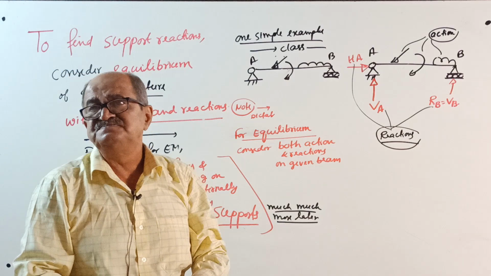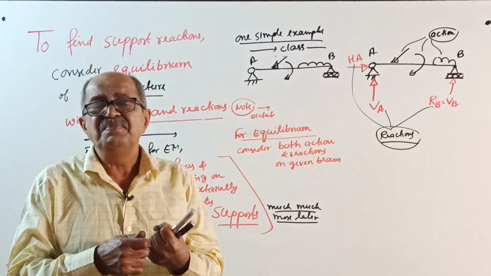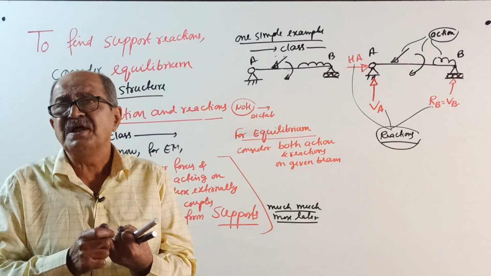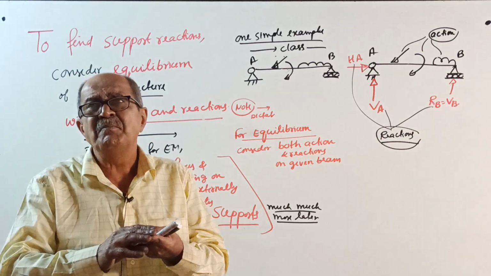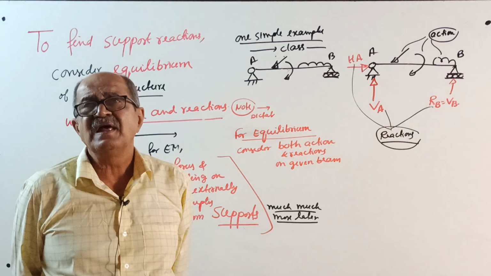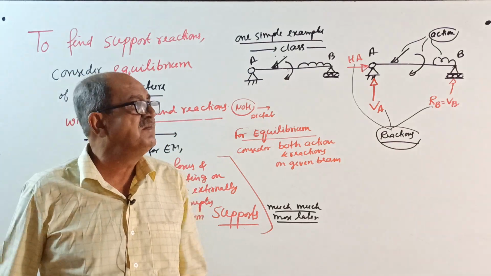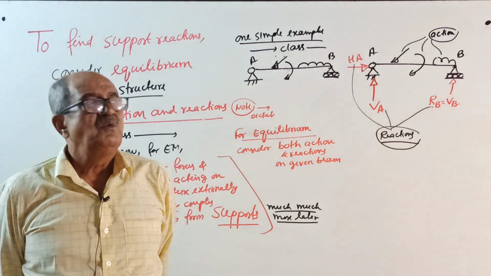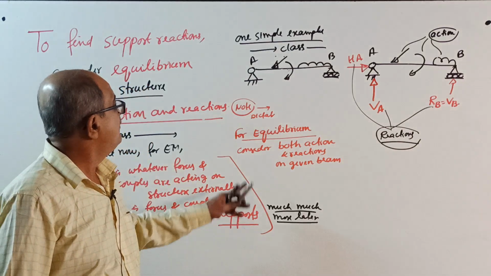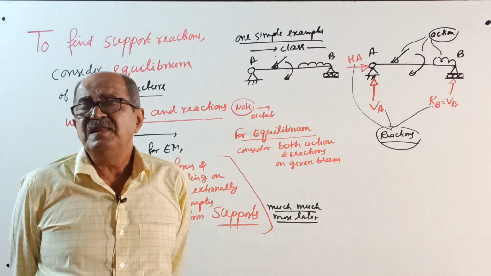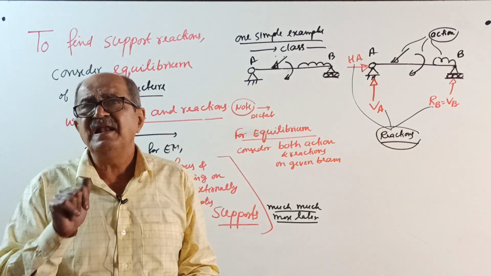When we consider the entire structure or part of a structure or any member or part of a member or, for that matter, each and every point of a structure in equilibrium, when you consider equilibrium, maybe for a member, okay, do it only for a member, it is in equilibrium under the combined effect of action and reaction.